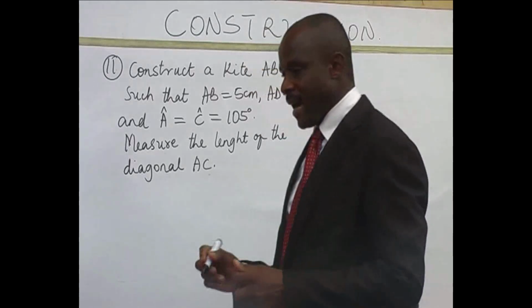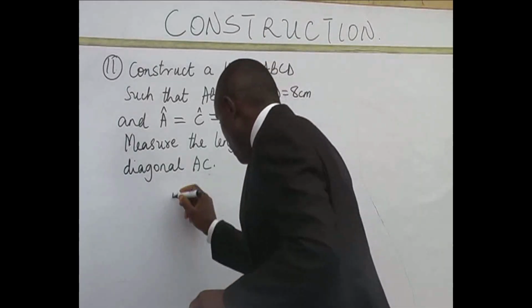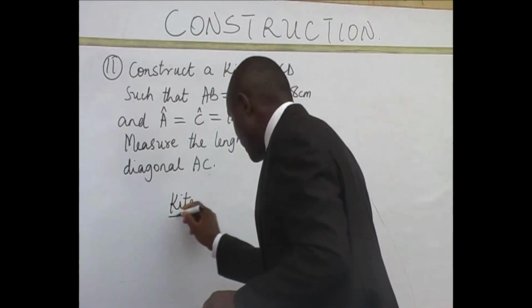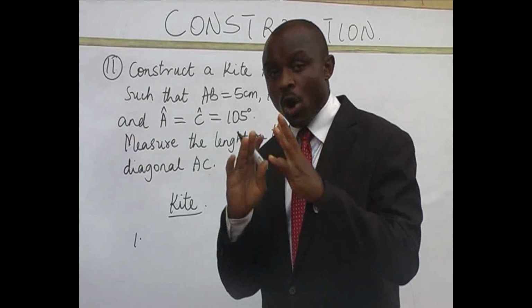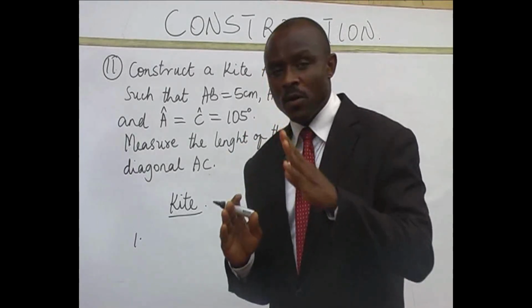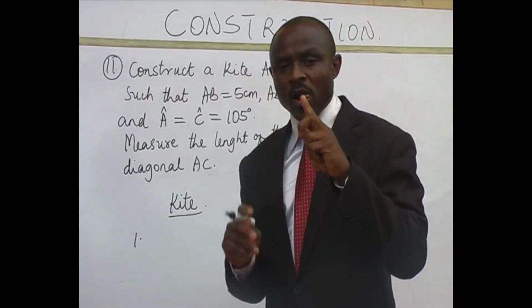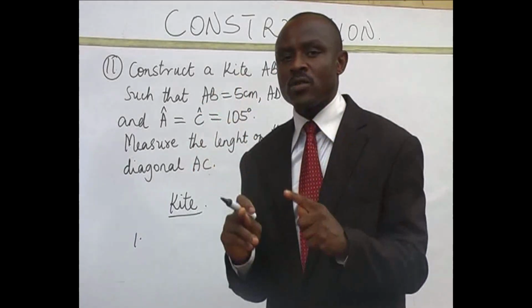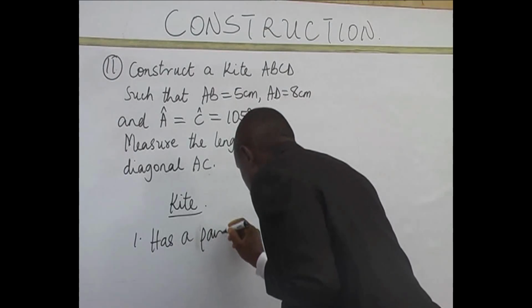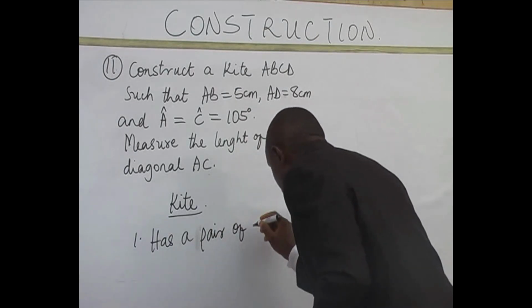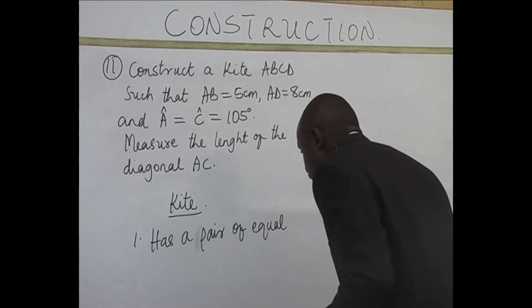Now the kite has two main features, the characteristics of a kite. Number one, it's a quadrilateral. That is, it has 4 angles and 4 sides. But it is only one pair of the opposite angles that are equal. The other pair, they are not equal. A pair of equal opposite angles.